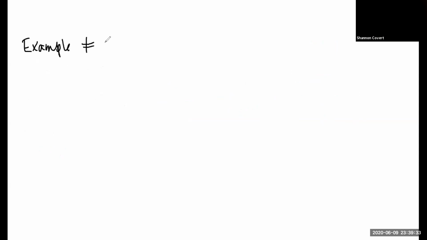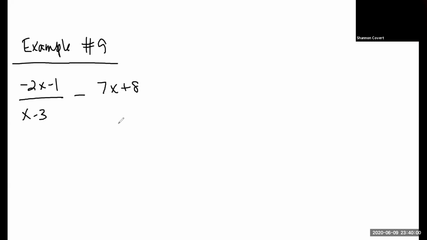Example number 9. -2x minus 1 over x minus 3 minus 7x plus 8 over 3 minus x.